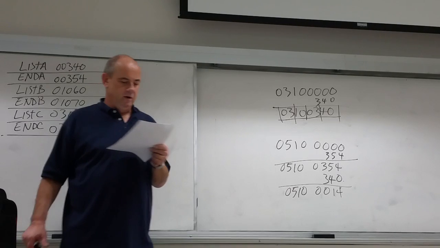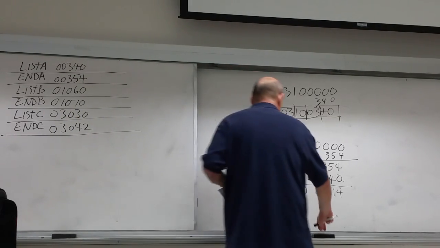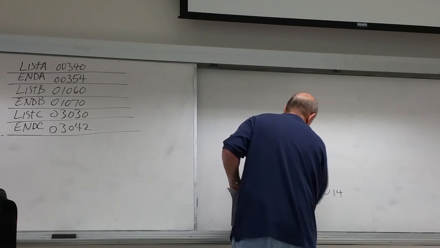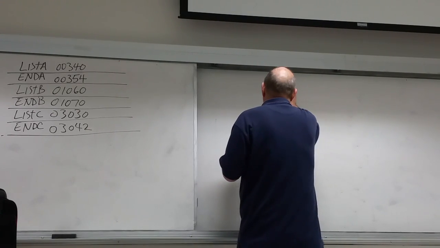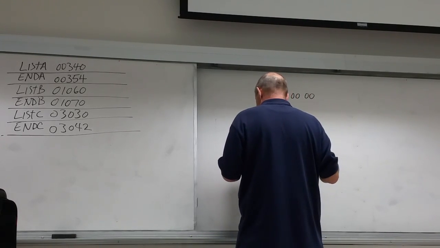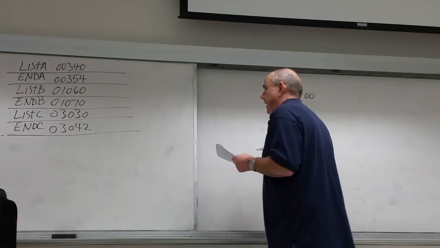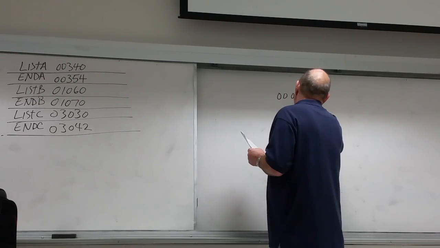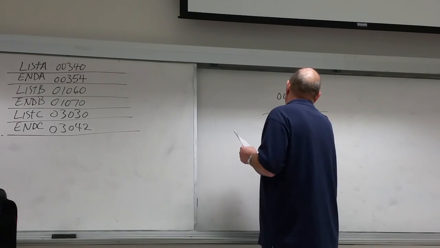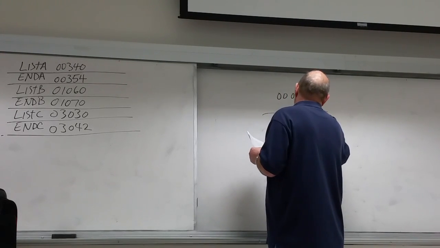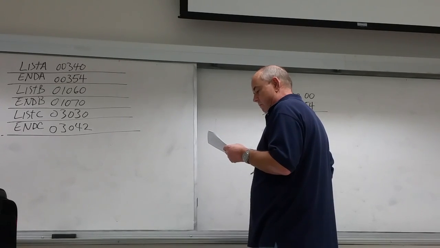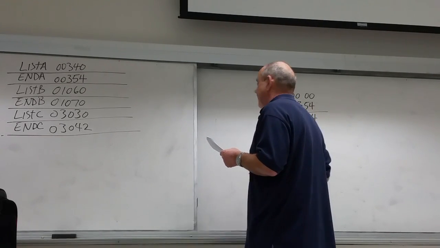70. The last instruction. So it's all zeros. The very last one on this page. There. Plus end A. Okay, end A, 354. Plus end A, minus list A. List A is 340.